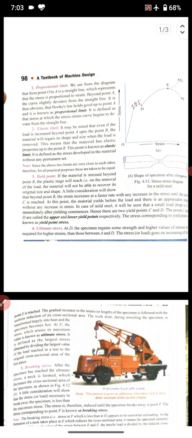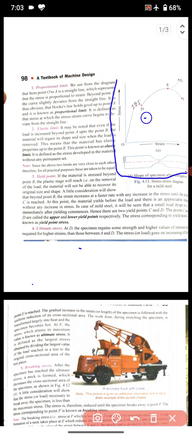And the stress corresponding to yield point is known as yield point stress, and this is very important. This C and D is very important. I will discuss later, at the end of this video, why this C and D line, upper and lower yield point, is important from your design point of view.